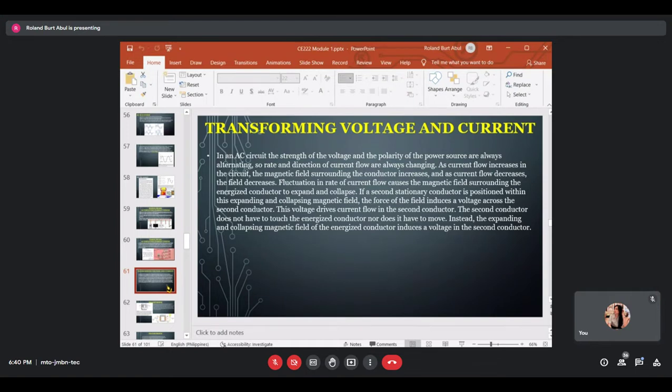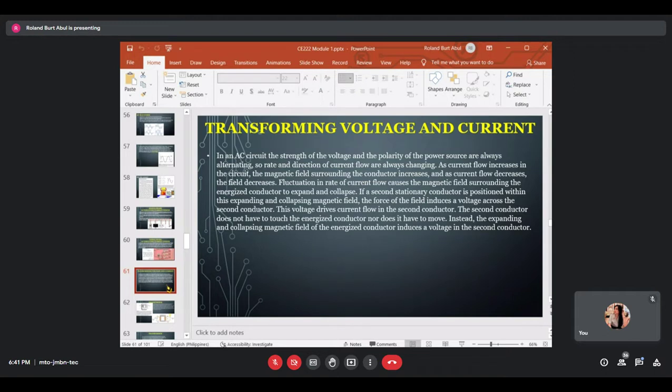Sige, so next. Transforming voltage and current. In an AC circuit, the strength of the voltage and polarity of the power source are always alternating. So rate and direction of current flow are always changing. As current flow increases in the circuit, the magnetic field surrounding the conductor increases. And as current flow decreases, the field decreases. Fluctuation in rate of current flow causes the magnetic field surrounding the energized conductor to expand and collapse.